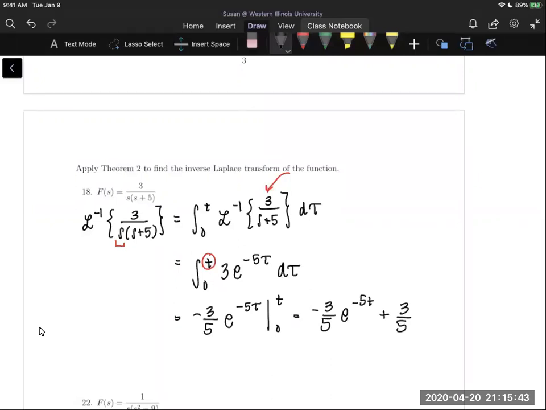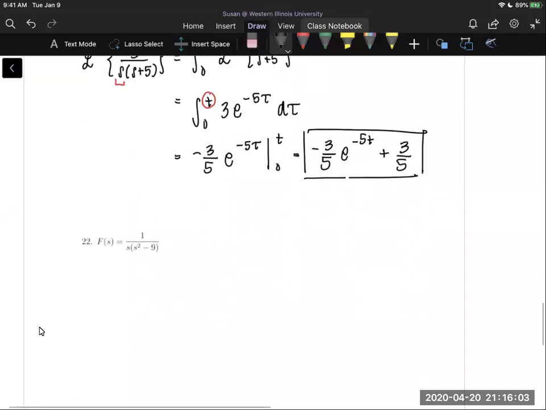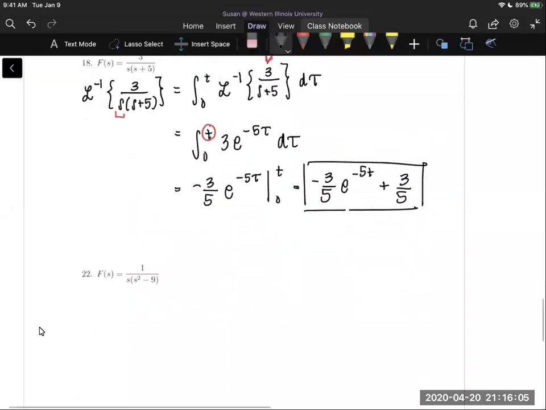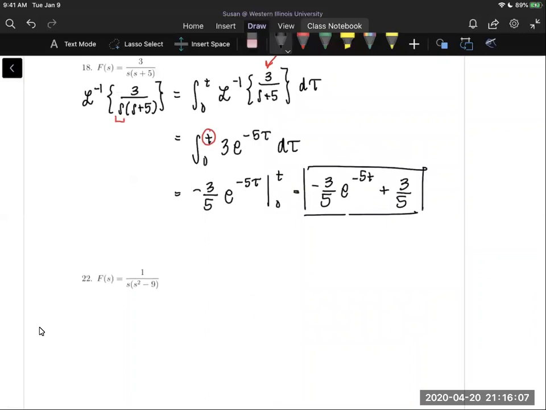And so here is our final answer for the inverse transform here of 18. So pretty slick that we're able to eliminate that extra factor of s. It allows us to forego the method of partial fractions, splitting this up essentially, and using calculus in order to do so.